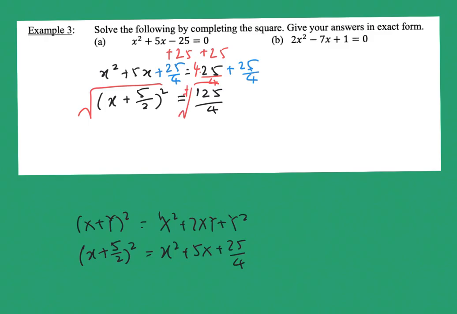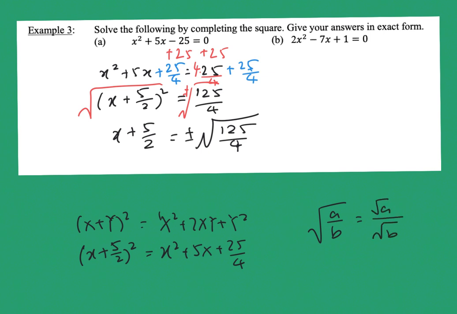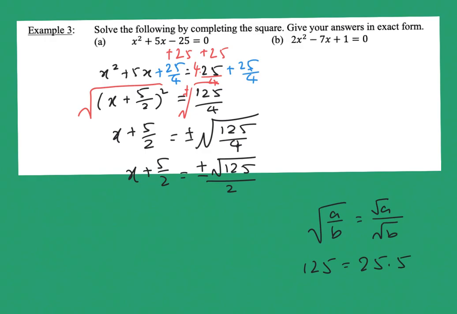So your left-hand side becomes x plus 5 over 2 equals positive or negative square root of 125 over 4. We can apply the rule that the square root of a over b is equal to the square root of a over the square root of b. So x plus 5 over 2 equals positive or negative square root of 125 over 2. And 125 can be simplified as 25 times 5.